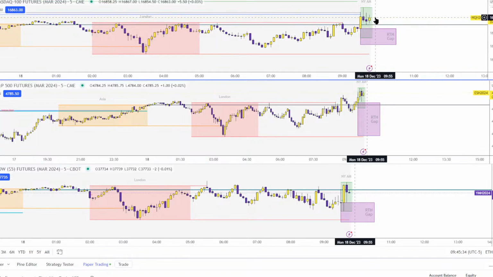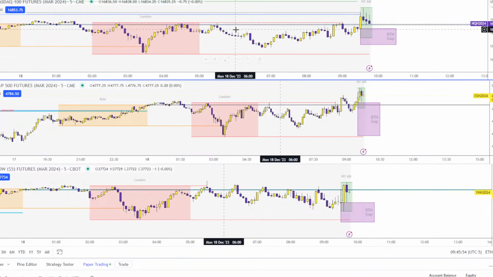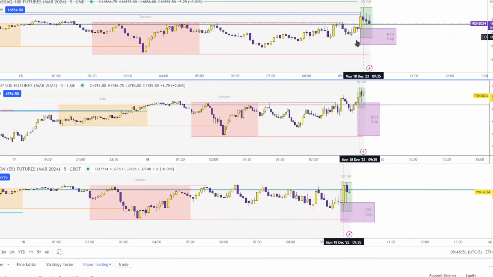That may happen. They're probing, they're just not getting it. So if we roll over and come back deeper into this range, I like to see that get back into that regular trading hours gap high, or at least the consequent encroachment of that. Puts you back into this consolidation.